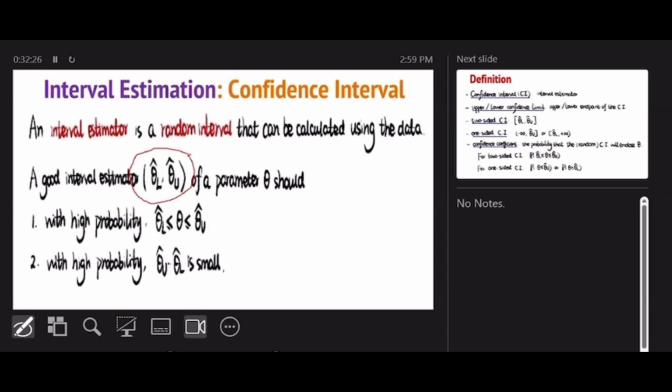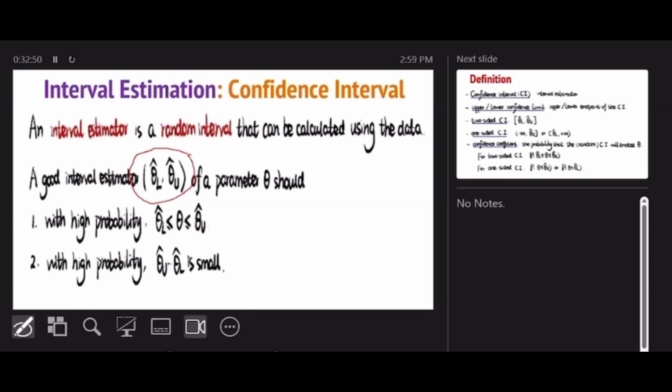A good interval estimator of a parameter theta should, number one, have a high probability that the true value of the parameter lies between the lower bound and the upper bound.